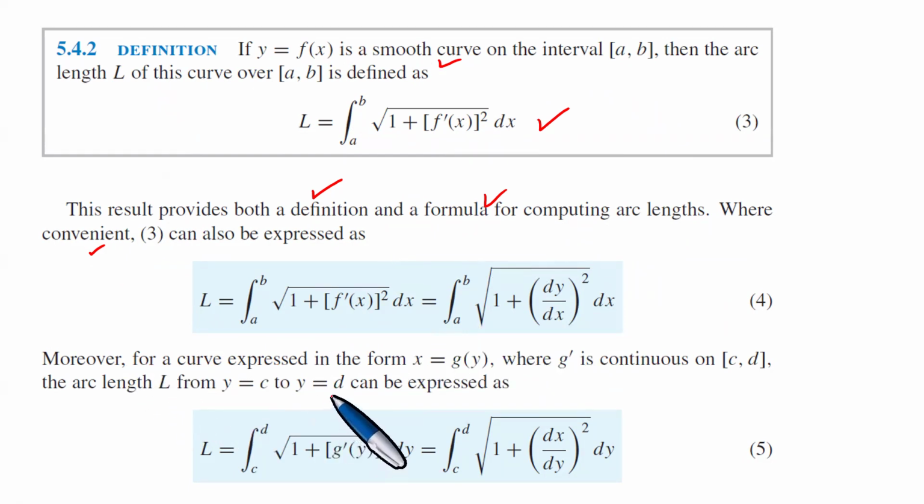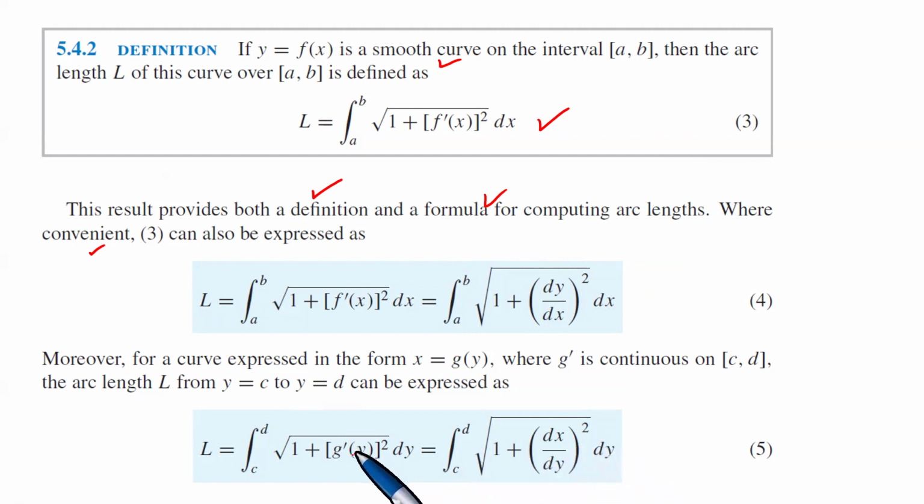Moreover, for a curve expressed in the form x equals g of y, where g prime is continuous on [c, d], the arc length L from y equals c to y equals d can be expressed as the integral from c to d of the square root of 1 plus g prime of y squared dy, which is the integral from c to d of the square root of 1 plus (dx/dy) squared dy.